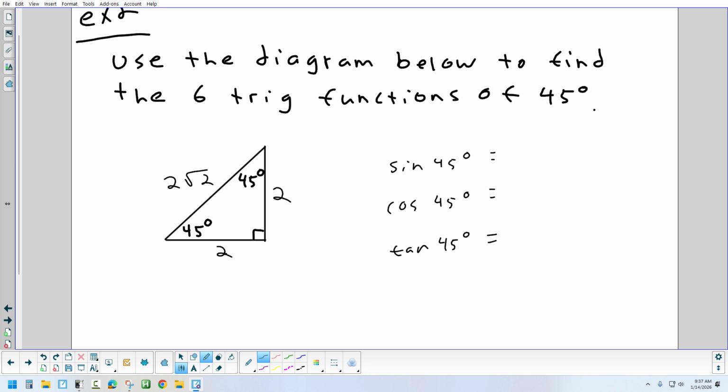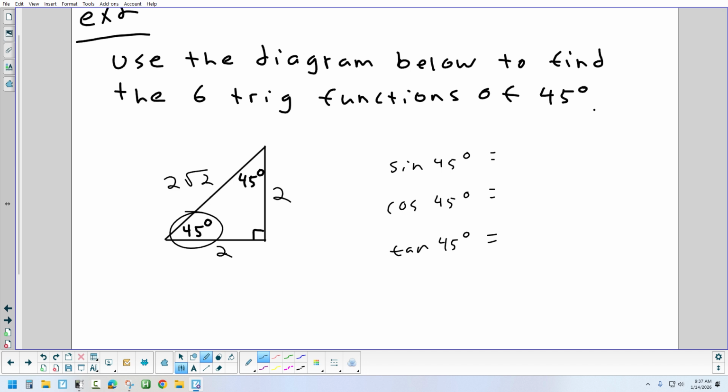So which one are you using? The bottom one. Why not the top one? The angle you choose doesn't matter since it's an isosceles. Yeah, it's isosceles, so regardless of which 45 you choose, the opposite is always going to be a 2. So it doesn't matter. I'll go with the bottom one because that's what Len said.